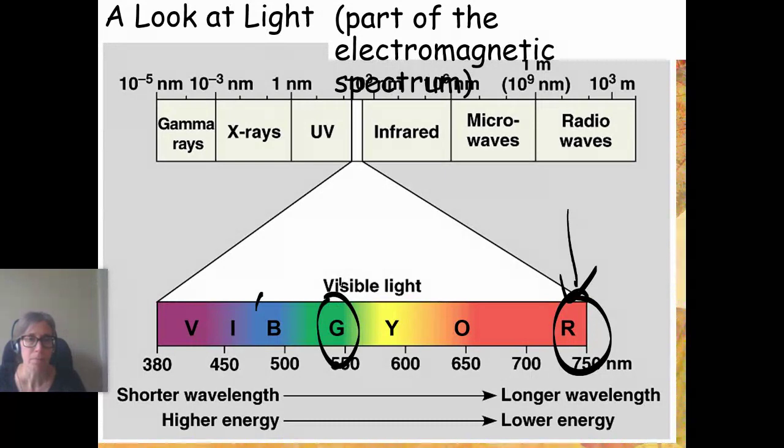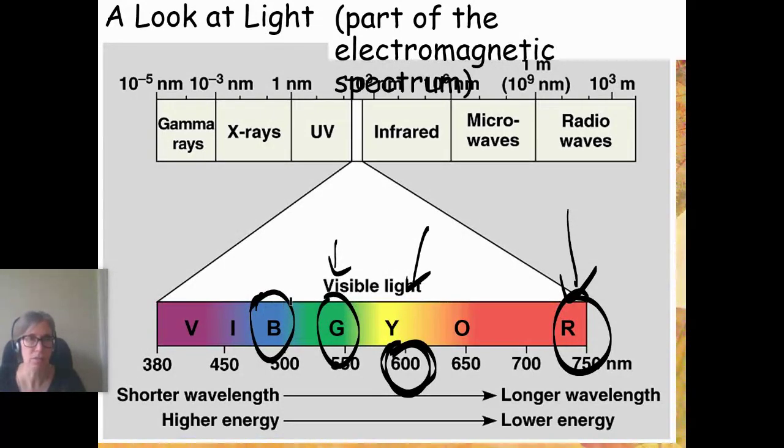And when you see some combination, like when you see yellow, if you have wavelengths of 600 nanometers sent into your eyes, both your green and your red receptors will fire, which your brain will interpret as yellow. And then we also have the blue receptors, which help us to see the blue or the violet colors.